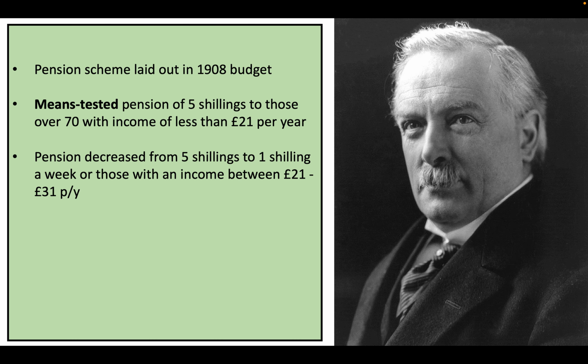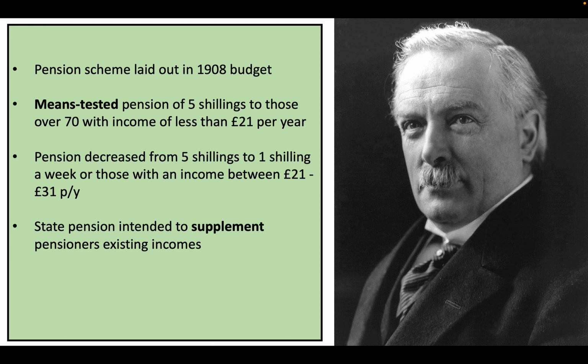That is then on a sliding scale from 5 shillings to 1 shilling for people who earn between around £21 a year or less, and £31 a year. If you earn £32 a year, you ain't getting no pension.